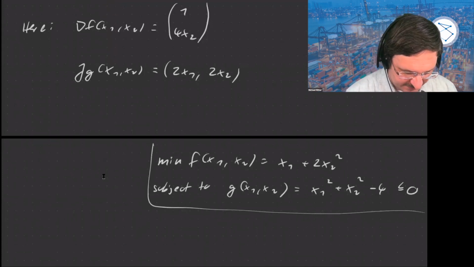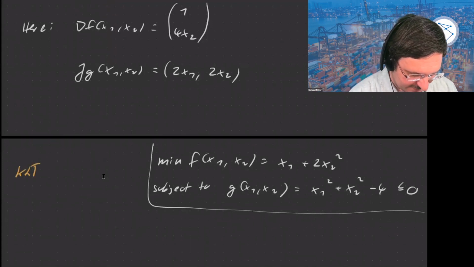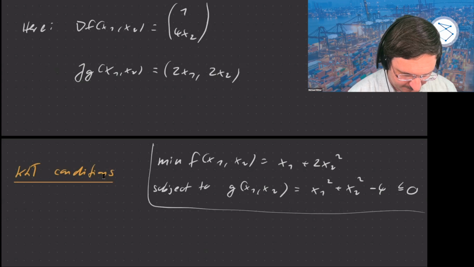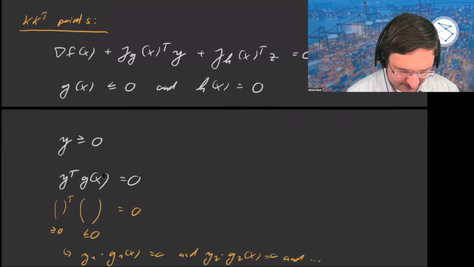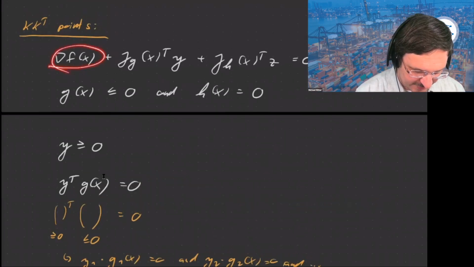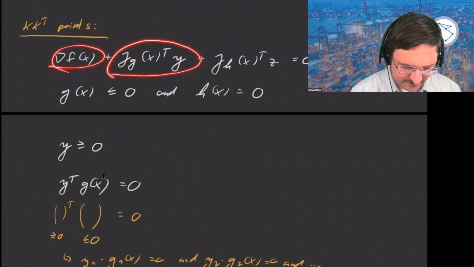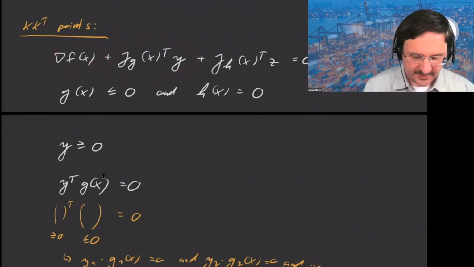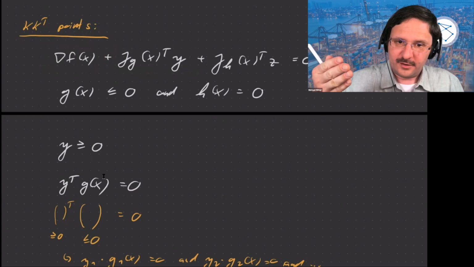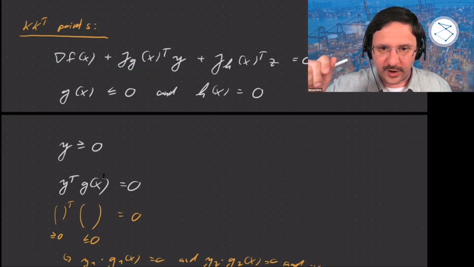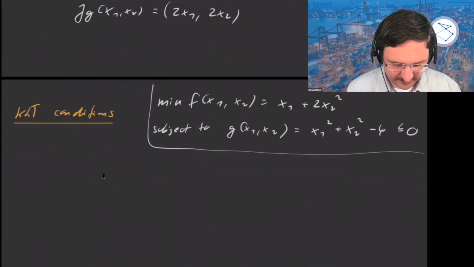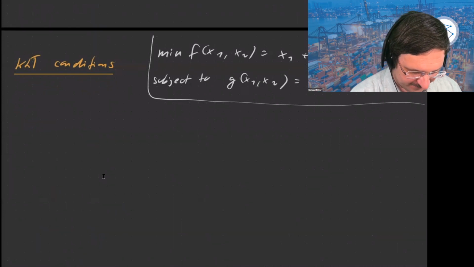So that means the KKT conditions that we get are the following. Again, the first condition is this one here: gradient of f plus Jacobian of g transpose times y. We only have one inequality condition, so there's only one real valued multiplier, only one y.